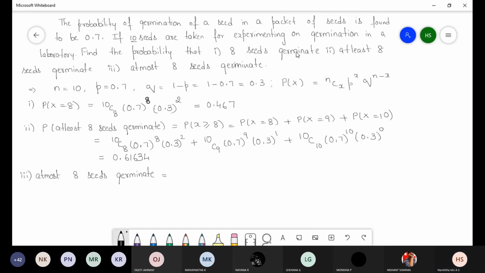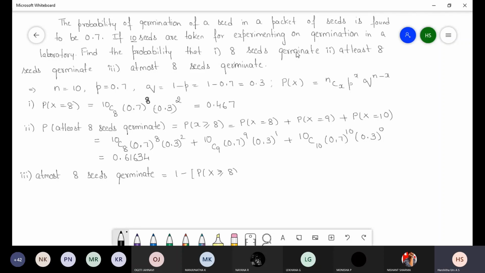At most 8 seeds germinate. At most means, what is the formula for the at most? Anyone? 1 minus P of x greater than or equal to 8.